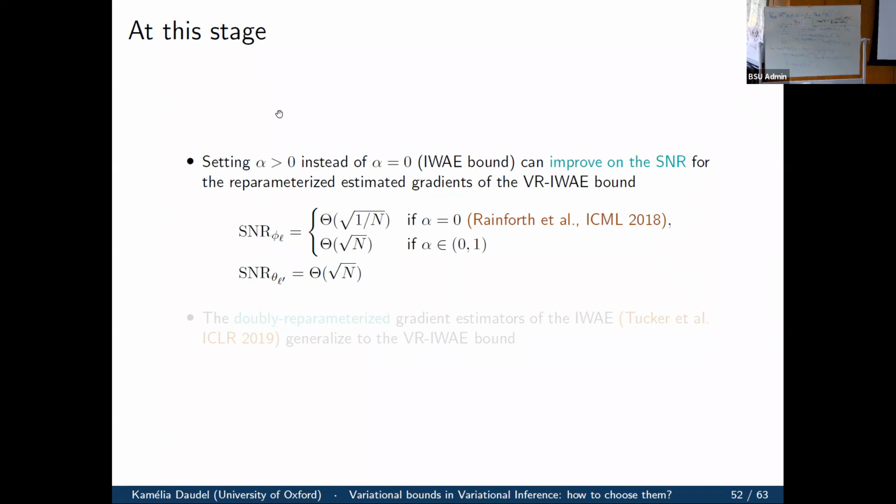The key message is that by playing around with the value of alpha, we can actually recover a behavior which is a square root of n for the signal to noise ratio. This is when alpha is between 0 and 1, which tells us that it's actually important to move away from the EYA. And of course, it's not a stark contrast between the two.